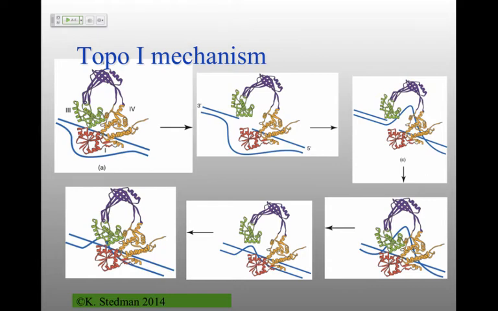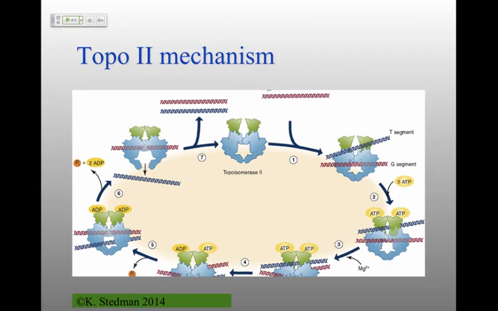On the other hand, Topo IIs do require ATP, and these are a much more complicated structure because they've got to bind to a double-stranded piece of DNA, bring these two double-stranded pieces of DNA together, cleave but hang on to both ends, and then pass the other end through in such a way that we've now recombined these two pieces relative to each other.